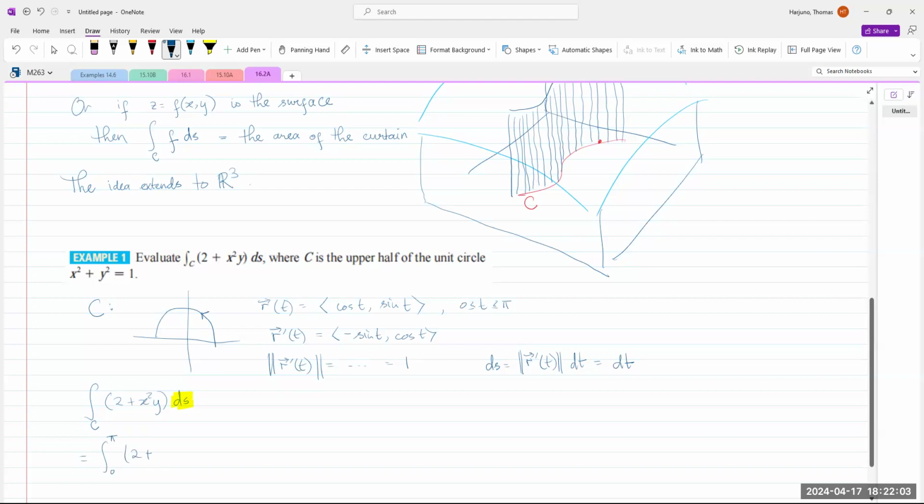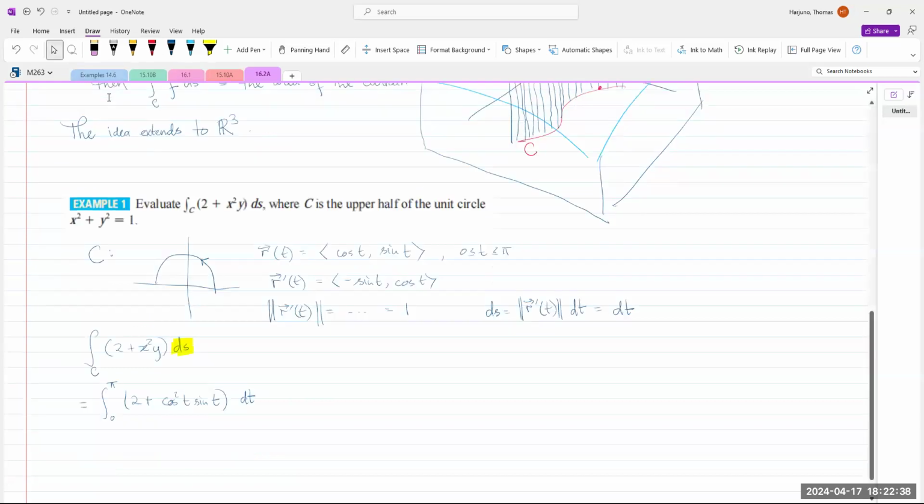Since I changed this in terms of t, all my x and y have to be converted in terms of t as well. This fact should be emphasized even in your calculus: once you change the variable of integration into t, all the integrands have to be in terms of t.